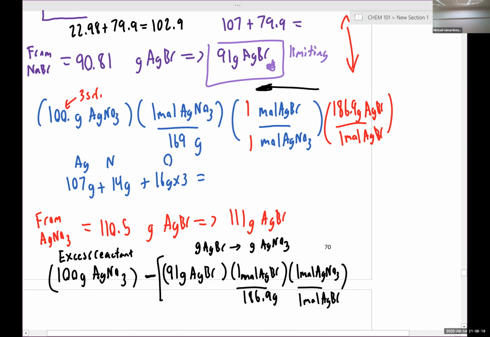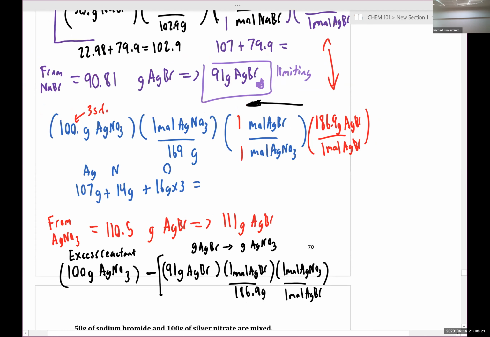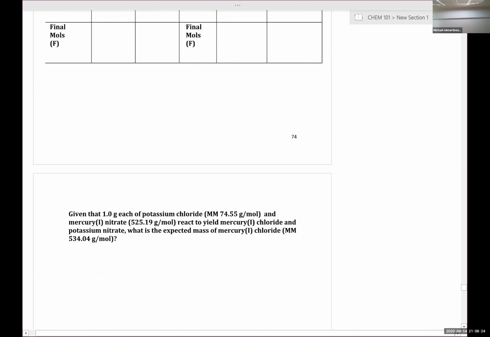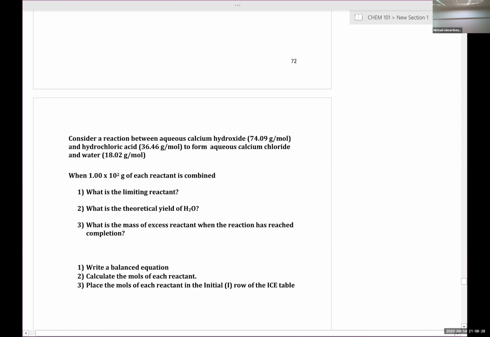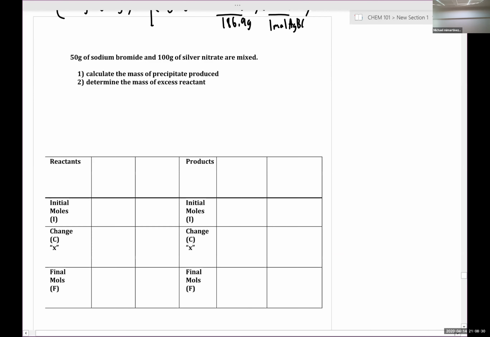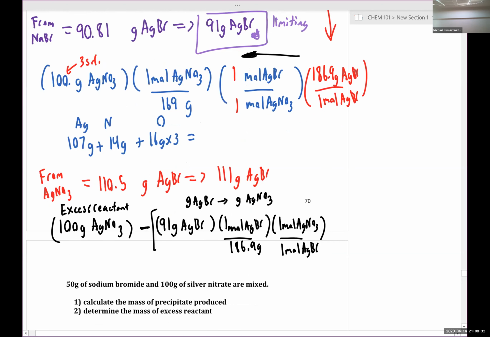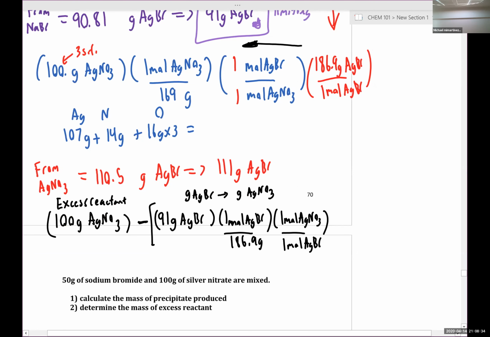Okay, now to finish off this conversion, sorry about that, the page quickly swapped. To finish off this conversion, all we have to do now is convert to the grams of silver nitrate. So we have 169 grams per 1 mole of silver nitrate.